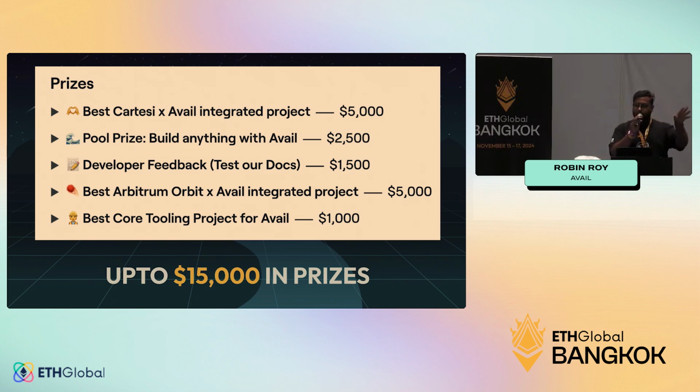If you use Avail DA in your project, you can spin it up, I'll show it to you now. If you do the Arbitrum Orbit and Avail integration, not only do you get the $5,000 from the Arbitrum team, you can also win prizes from the Avail team, which is another $5,000, so another $10,000 for you.